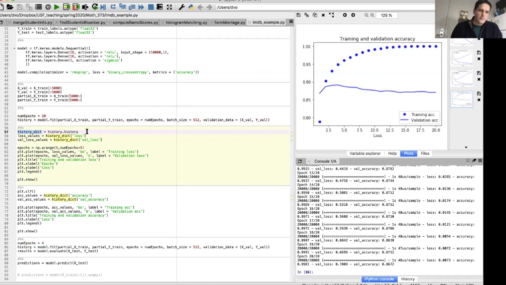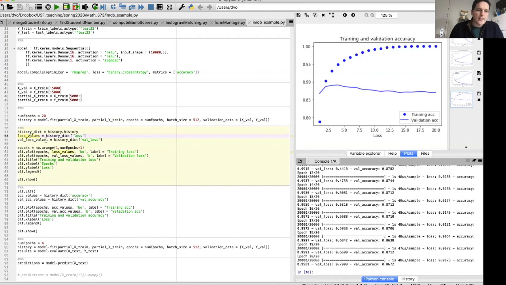What this variable loss values tells us is the objective function value at each iteration of stochastic gradient descent, or of RMS prop, as measured on the training data set, which is the data we're using to train our model.